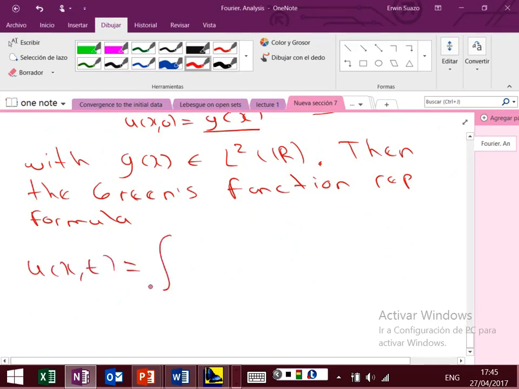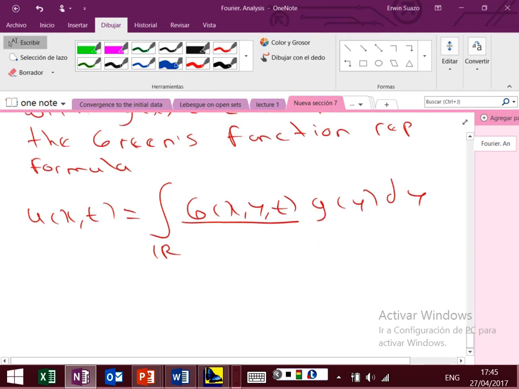So they call it Green's function because G(x,y,t) g(y) dy. Okay. Because you look for a G that will be a solution of that form. That's really hard to find, but thanks to Fourier analysis we can write it.